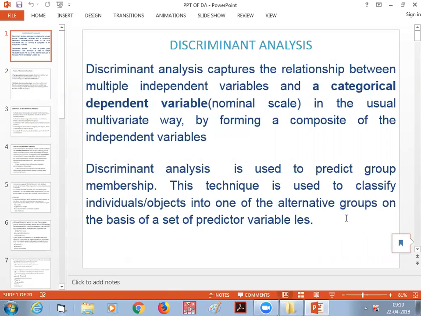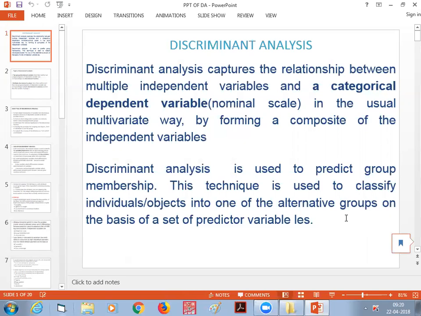So I have given an example: when a customer enters some mall, the decision maker, the concerned person looking after that mall, would like to find out whether he is going to be a buyer or non-buyer, whether he is going to make a purchase in the mall or not. If he makes a purchase, we can put him in a buyer category, and if he does not make a purchase, we can put him in a non-buyer category. So that classification we can find out.